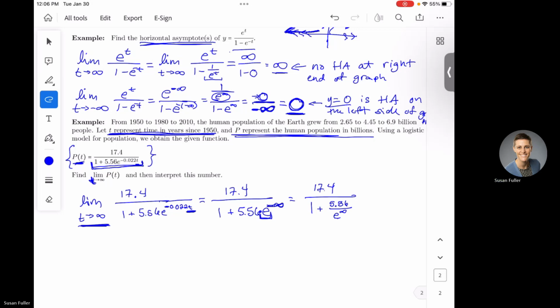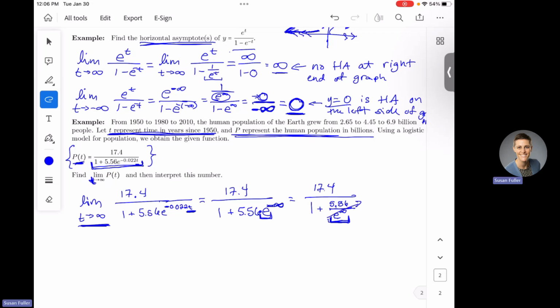Okay, so now what happens as I take 5.56 and I divide by e to bigger and bigger and bigger powers? Well, 2.718 to bigger and bigger powers gets bigger and bigger. What happens when you take 5.56 and you divide by bigger and bigger numbers?